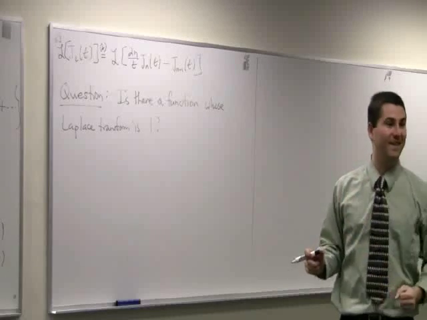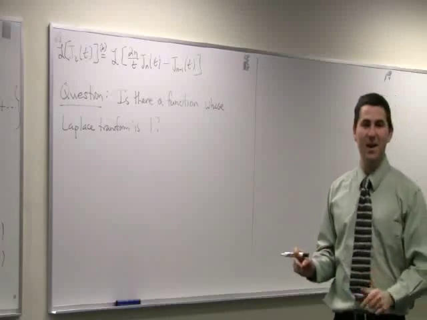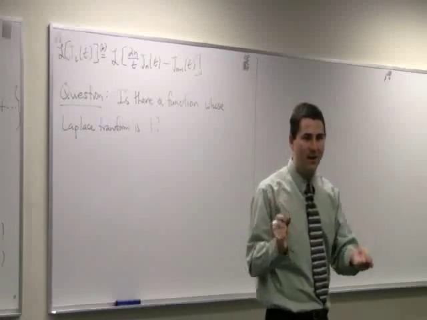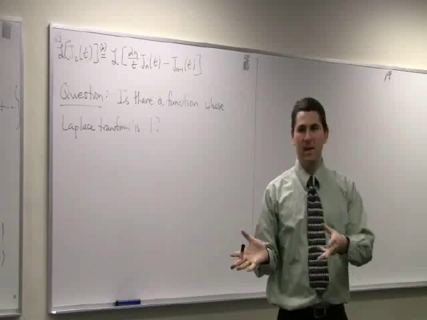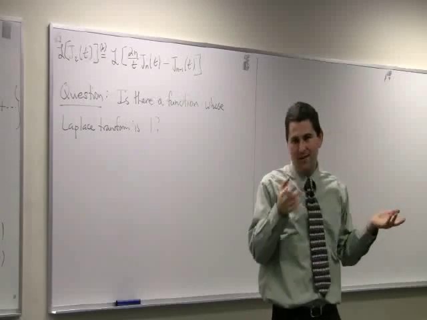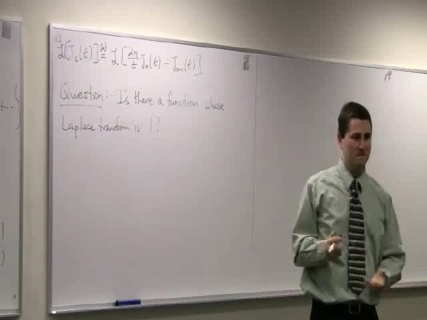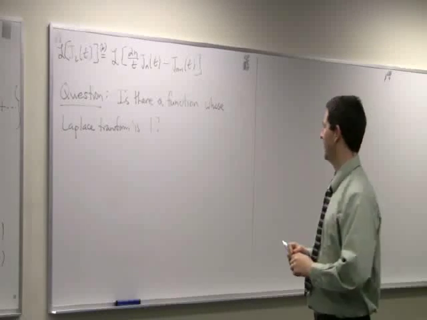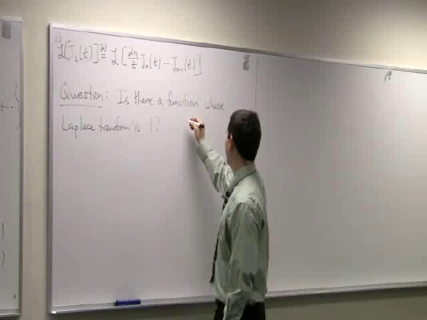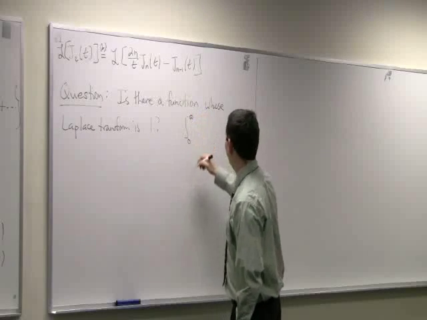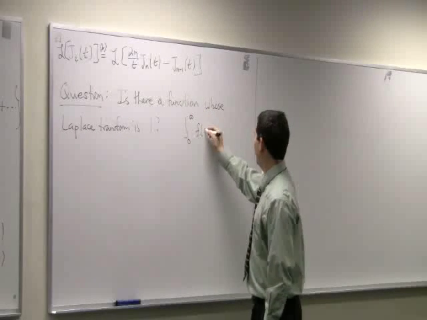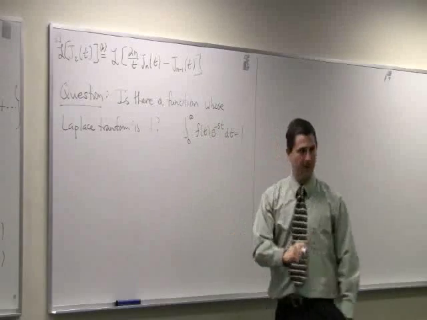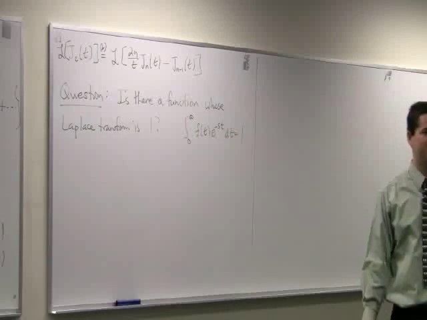It came from 1. Okay, no, this was even easier. 1 over s squared came from t. 1 over s came from 1. Next, the next step down, it's just 1. Where does that come from? All right, so you're looking for some function such that the integral from 0 to infinity of f of t e to the minus st dt equals exactly 1. That's all.